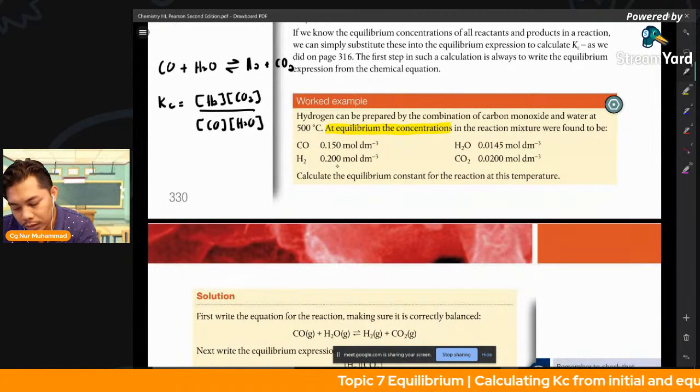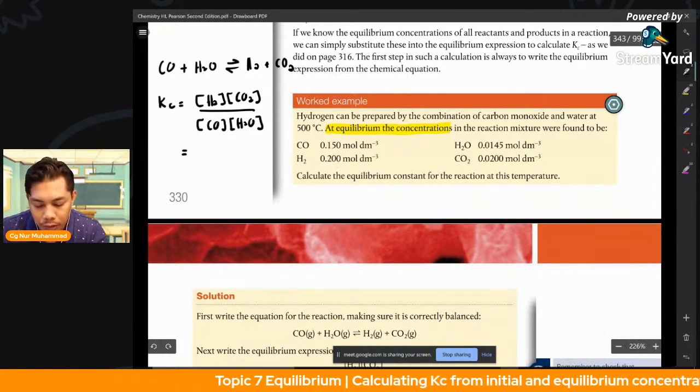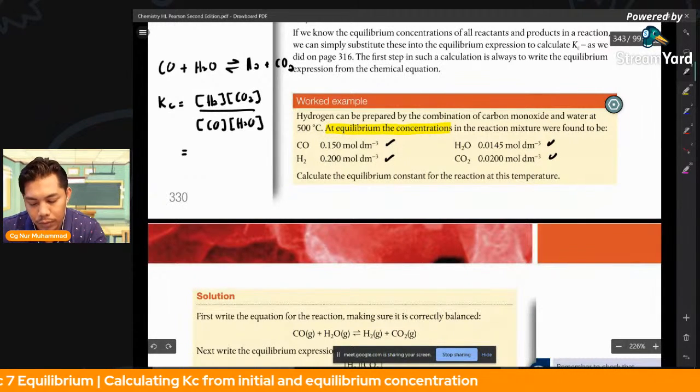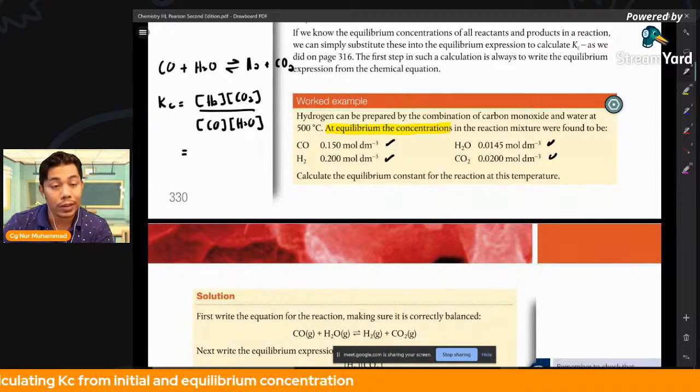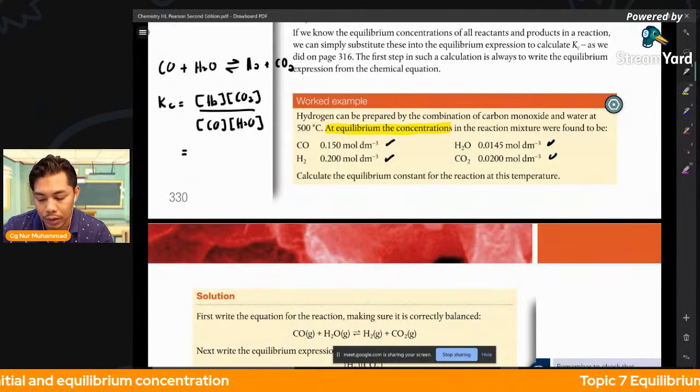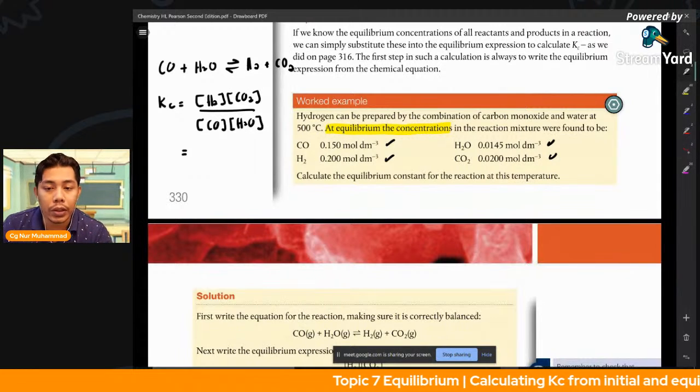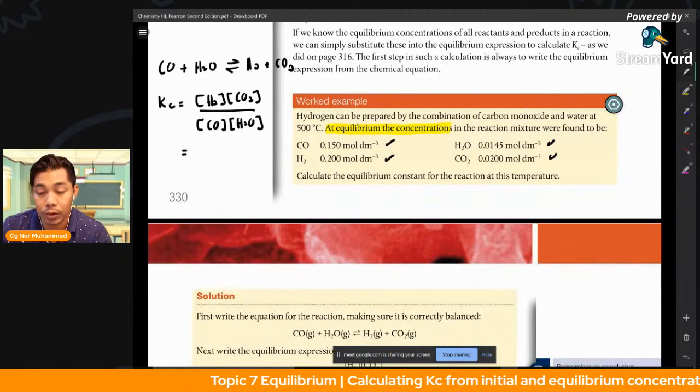Okay, next, just insert the information given from the question. Senang saja, sebab remember that to use the formula of Kc, make sure the concentration is at equilibrium. If you are given initial concentration, you cannot use this formula.